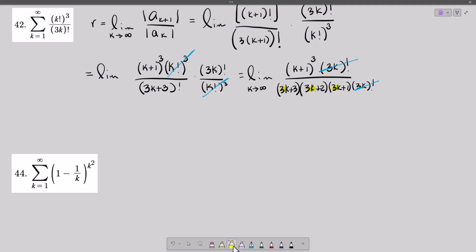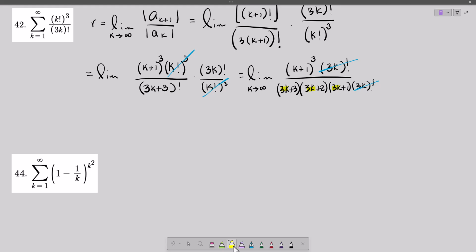Now, when we take a limit at infinity and you have polynomial over polynomial, everything depends on the dominant term in the numerator and the denominator. If you have the limit as k goes to infinity of k cubed plus 2k squared plus k minus 10 over k cubed plus 2k plus 1, what is the limit of that? 1.